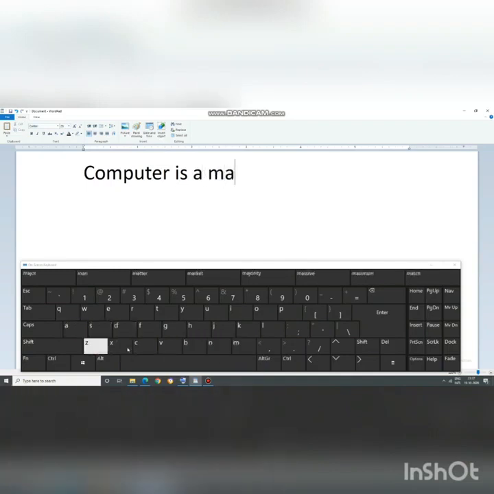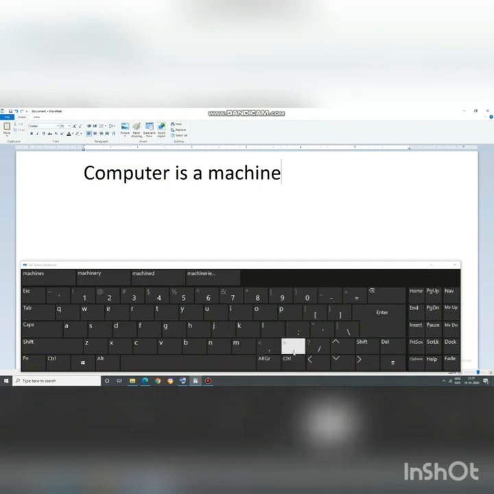So you can see that I am using all the alphabet keys in order to type the sentence. Now it is a sentence, I do require a full stop. So I put a full stop with the help of this key, and the full stop is there. So this is how you can type alphabets with the help of the alphabet keys.